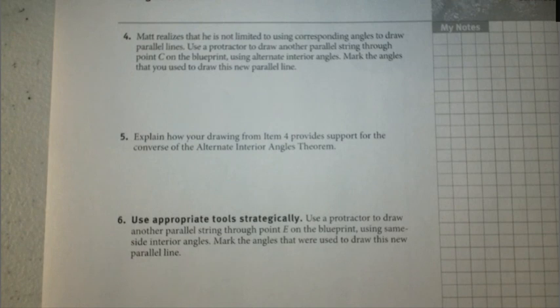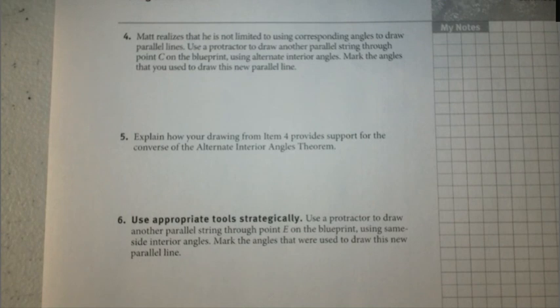We are now on the fourth section of Lesson 7-2, which will cover questions 4, 5, 6, and 7. Number 4 says, Matt realizes that he's not limited to using corresponding angles to draw parallel lines.